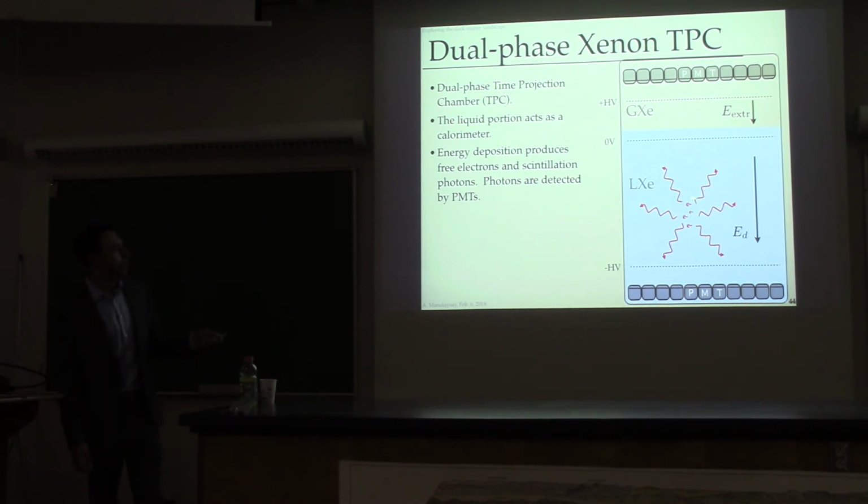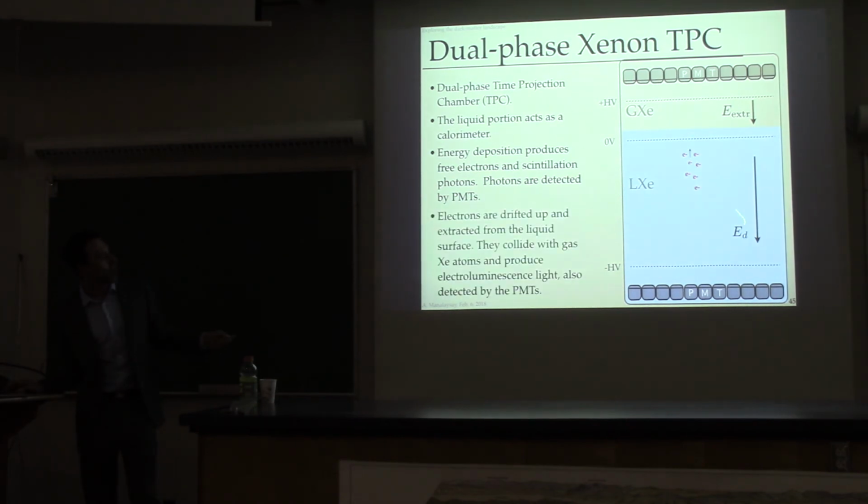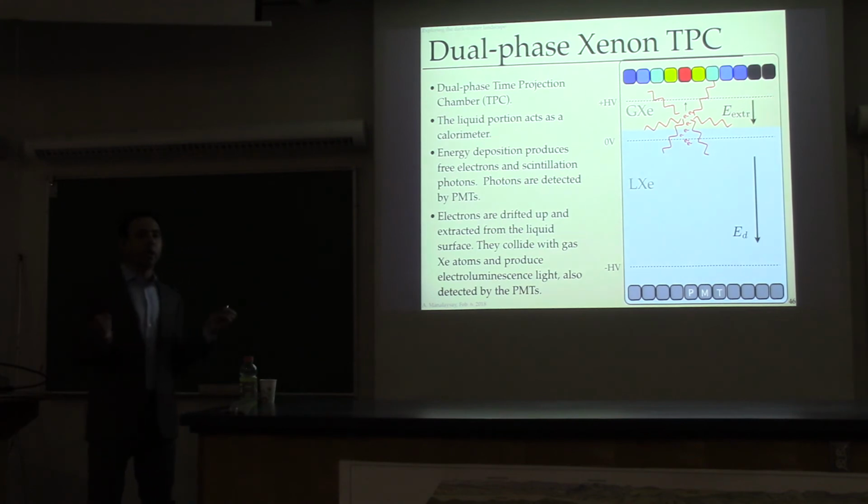These photons propagate, and we have photon detectors called photomultiplier tubes, you may have heard of those, around the detector that can collect these photons and tell how many photons are emitted. After that happens, we have an electric field here, so the electrons slowly drift upwards, and then we pull them out of the liquid into the gas, and in the gas they can reach higher energies and excite atoms in the gas, producing more scintillation photons.